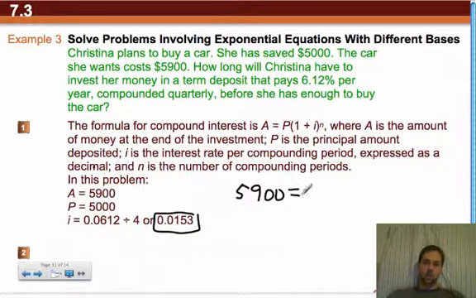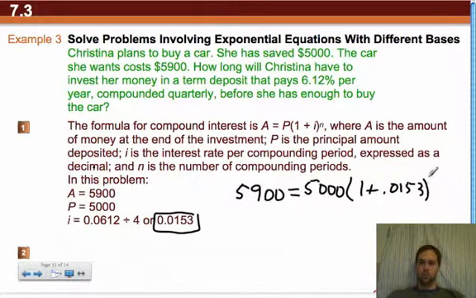5,900 equals, that's the future value. Now, principal is 5,000, and this is 1 plus 0.0153 to the power of n. Now, n is the number of compounding periods. This is actually what we want to solve for.